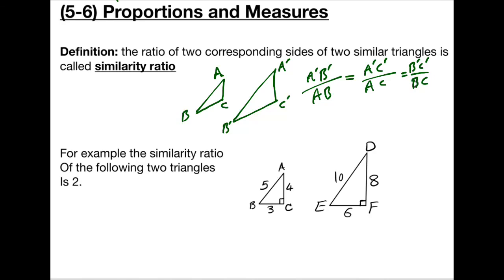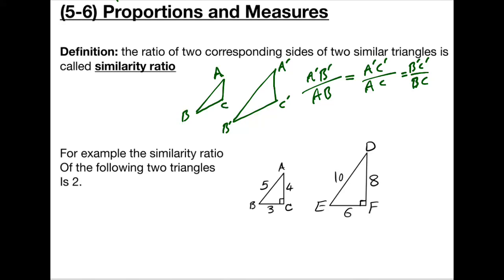Now this number that you get here, which is obtained by dividing two corresponding sides, is called the similarity ratio of these two triangles. So just divide the corresponding sides, and whatever number you get, that is called the similarity ratio.